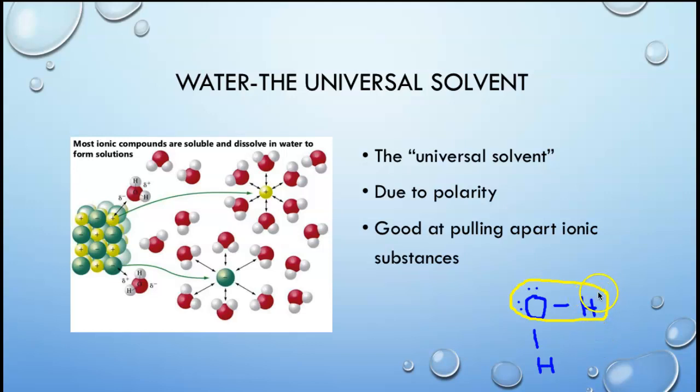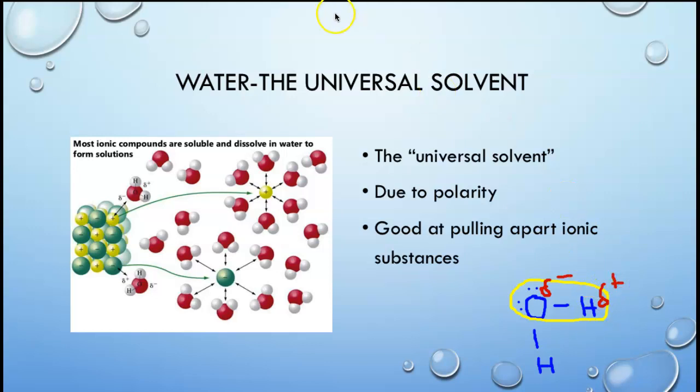Hydrogen has a lower electronegativity than oxygen, so the oxygen actually has the electrons slightly closer to it. So because of that, we know that the oxygen will become slightly negative. The oxygen is slightly negative, and the hydrogens are slightly positive.